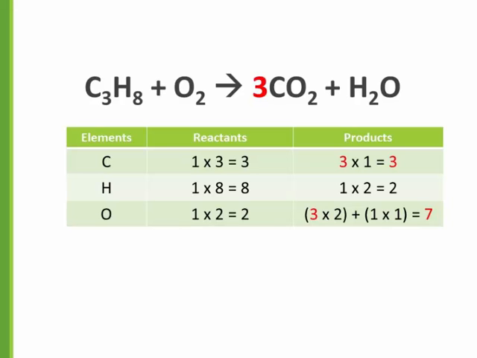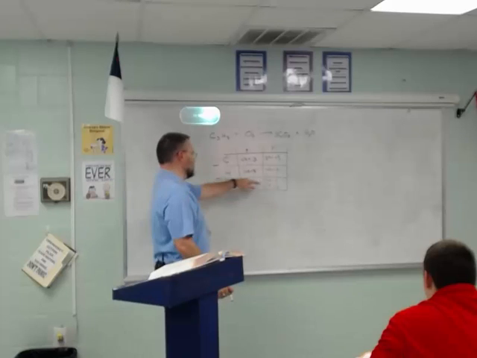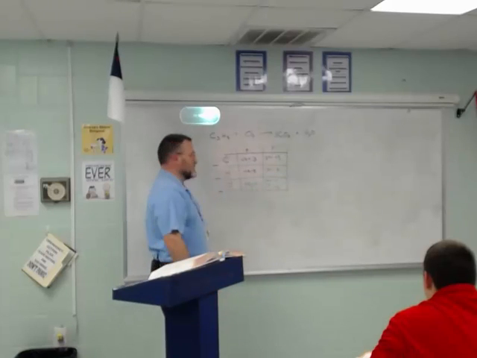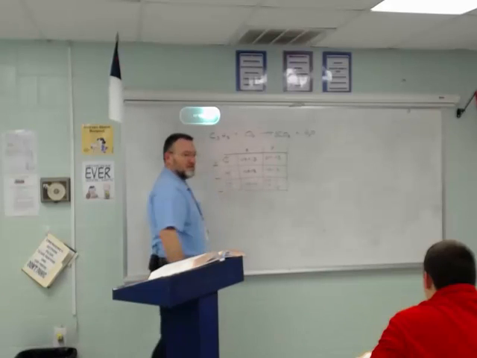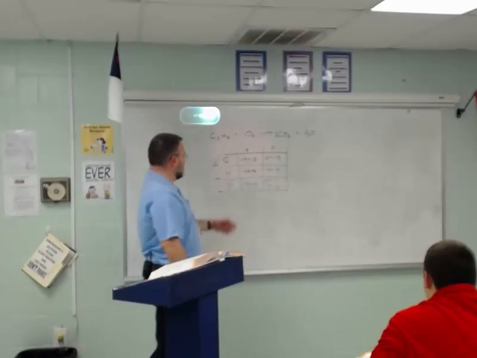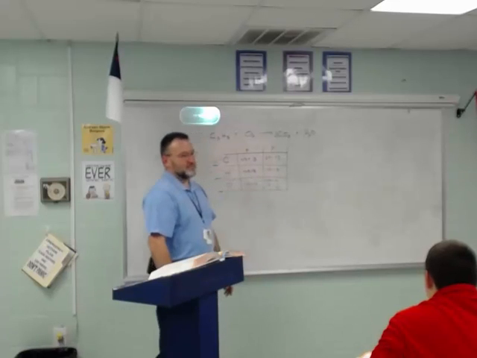And 3 sets of 2 gives me 6, plus 1 gives me 7. It's off, but it's off even more now. But my carbons match. So my carbons are balanced. My hydrogens are not balanced, and my oxygens are not balanced.